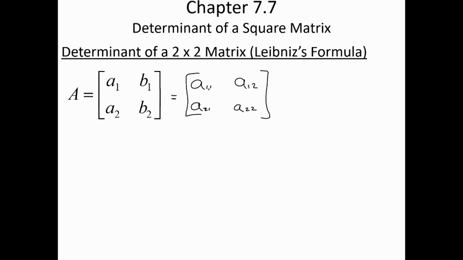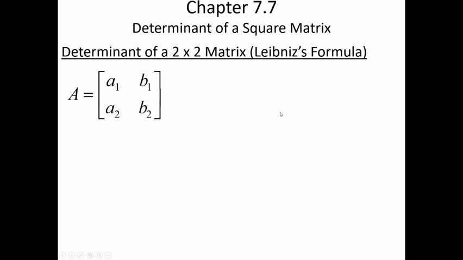And A12 means row 1, column 2. A21 means row 2, column 1, and A22 means row 2, column 2, right? But for today's sake, we'll just keep it simple, because we're not doing all of that just yet. We're just learning the basic formula for Leibniz's formula for the determinant.